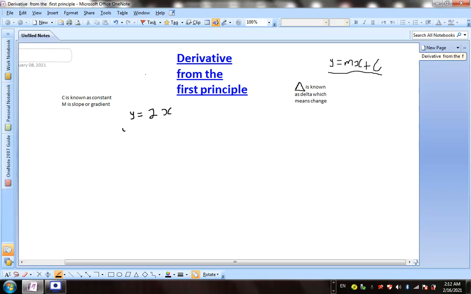Similarly, we say y plus dy is equal to 2 in bracket x plus dx.